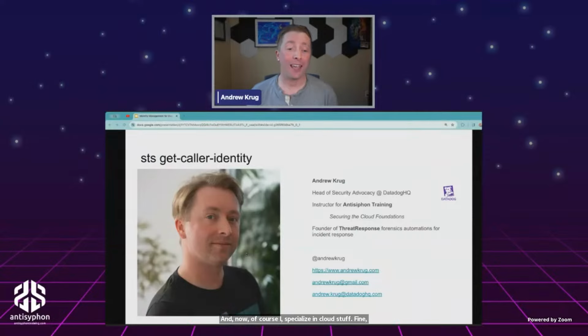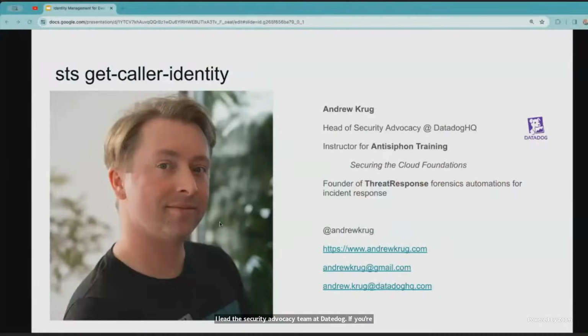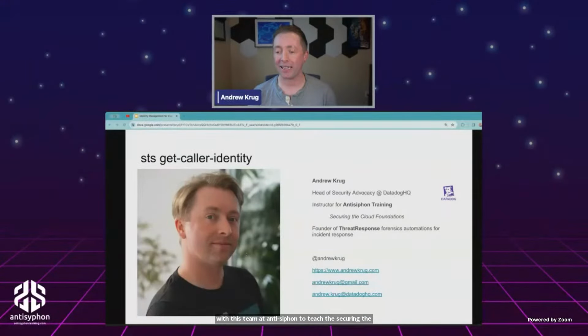I'm Andrew again. I lead the security advocacy team at Datadog. If you're familiar with Datadog Security Labs or the research reports that we do, those are all things that my team is responsible for. I also have the pleasure and privilege of working with this team at Antisyphon to teach the Securing the Cloud Foundations class, and hopefully we're going to get that on the schedule for some public offerings later in this year.